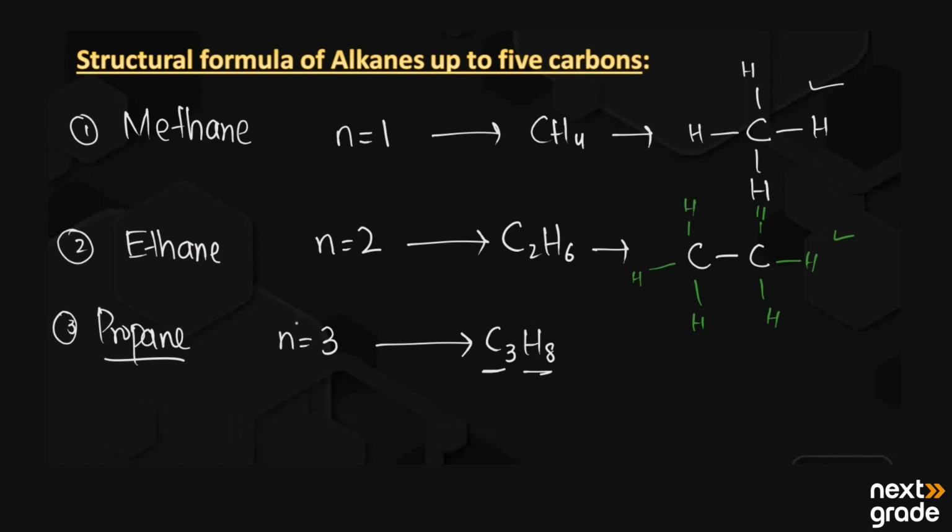For the structural formula, we have 3 carbon atoms, and by filling up their valency, the 8 hydrogen atoms are around them: CH3, in the center CH2, then CH3. This is the structural formula for propane.